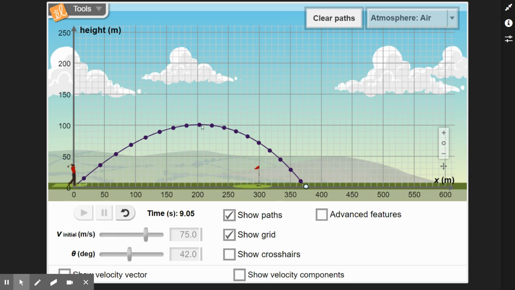Now, the shape of them can change depending upon their components of x and y. So if we give it more y, it's going to go a lot higher than, let's see, this should be right about the same. Oh, dang.